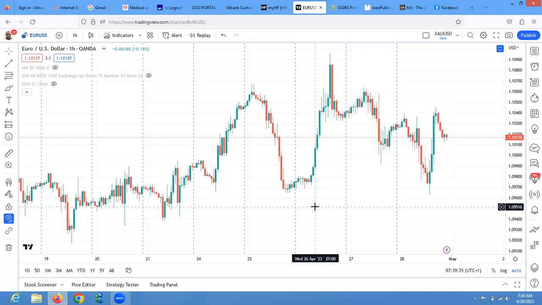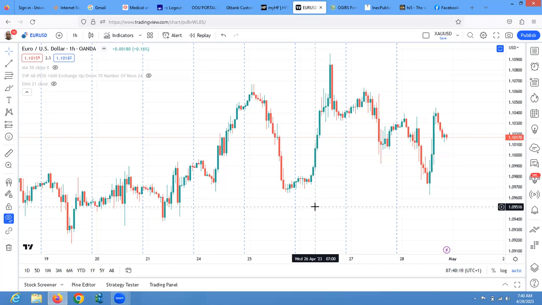AUD USD, it has US dollar, Euro USD, Pound USD, New Zealand, that's Kiwi USD, USD JPY, Japanese yen, USD Canadian dollar, all these pairs, even including gold against US dollar, or silver against US dollar, platinum against US dollar, they tend to behave in almost a similar pattern.